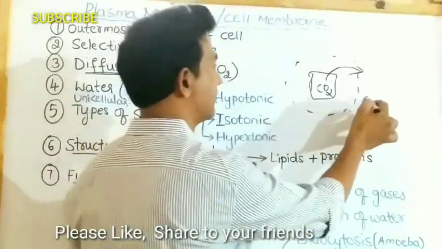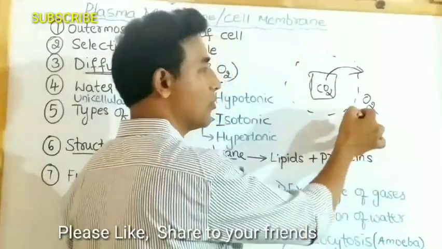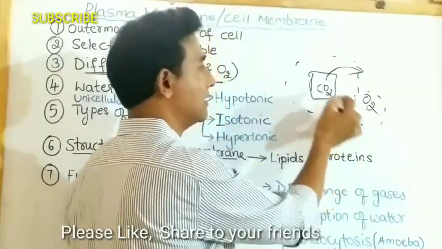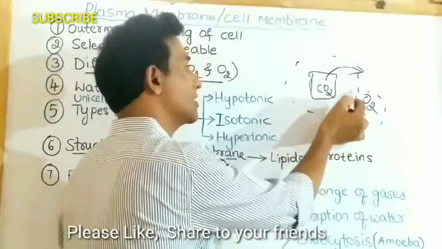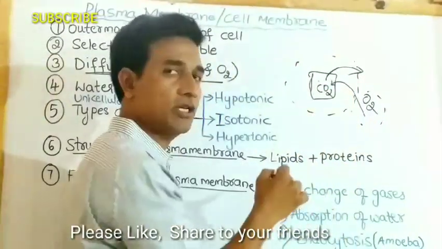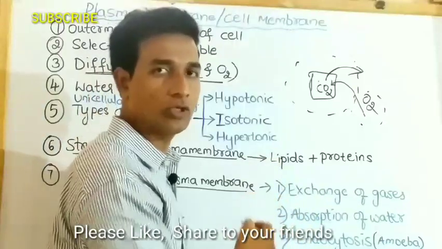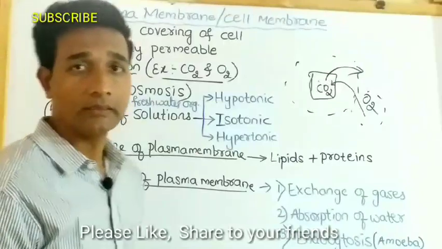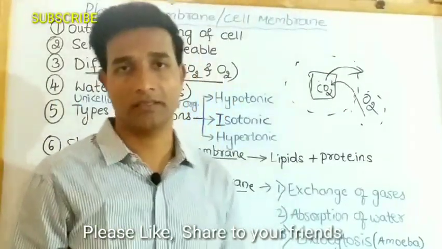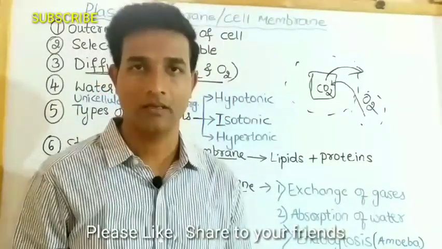You take oxygen. Oxygen is present more in the atmosphere and less inside the cell as it is utilized. So from the region of higher concentration to the region of lower concentration, oxygen automatically moves through diffusion. The next, there is one more process called osmosis.